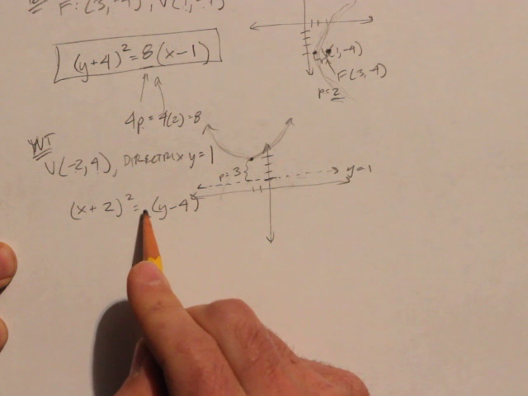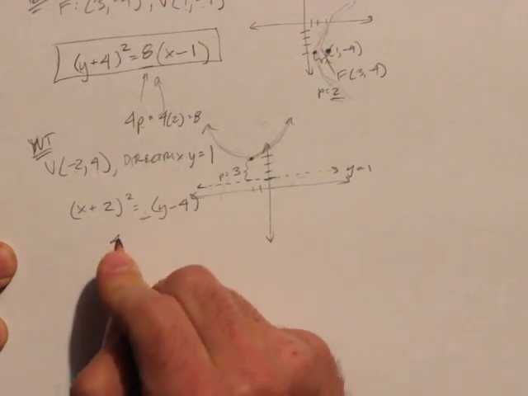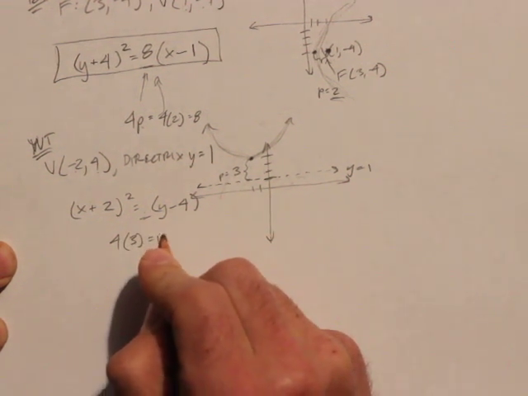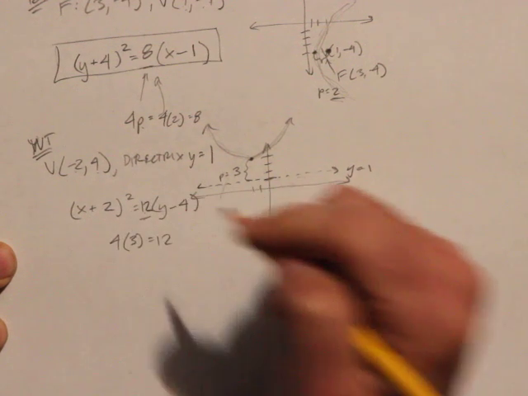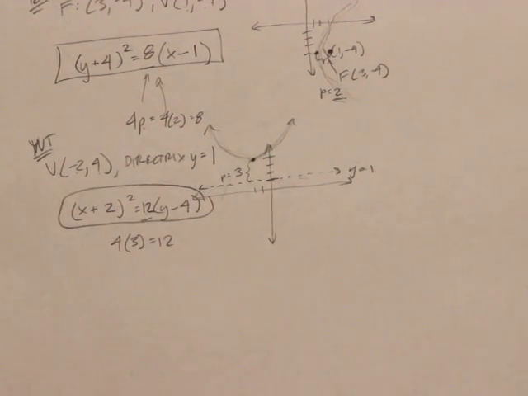So now I just need the value for 4p. 4 times p, p is 3, 12. That's it.